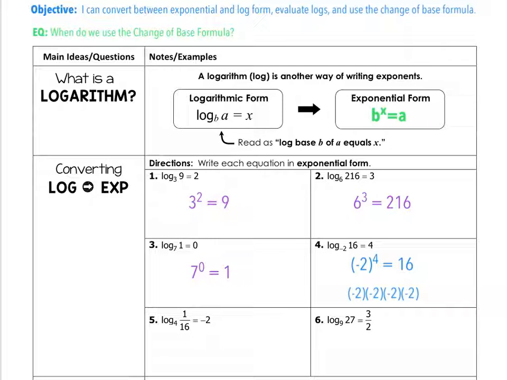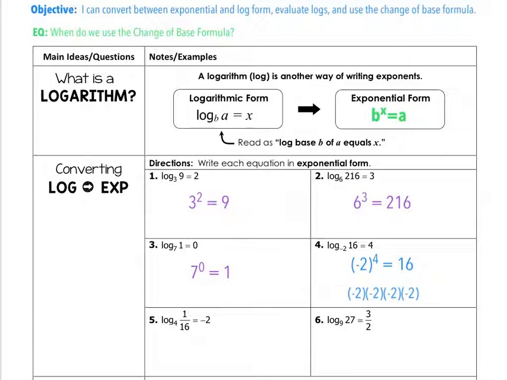That means negative 2 times negative 2 times negative 2 times negative 2, which if I multiply 4 negatives together, I'm going to be positive, and 2 times 2 times 2 times 2 is 16. Now, if I had left it without the parentheses, the answer would end up being negative 16, which is not 16, because I would take the negative of 2 to the 4th, and 2 to the 4th itself is positive 16. So those parentheses are really important.